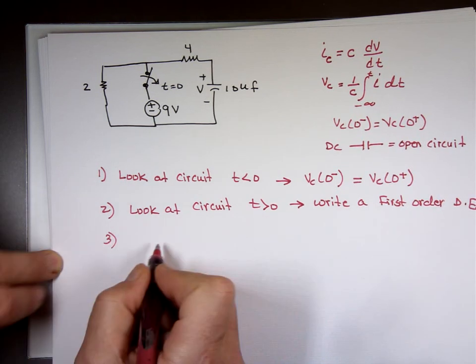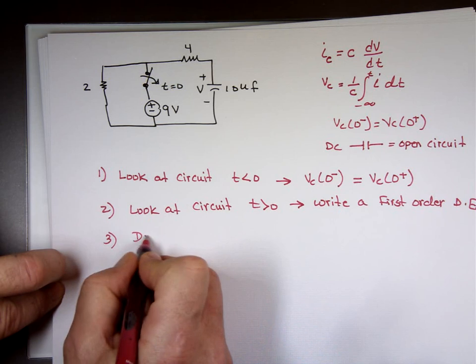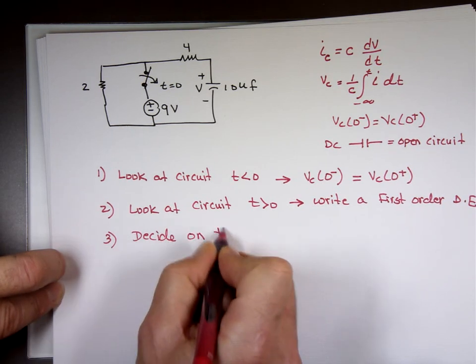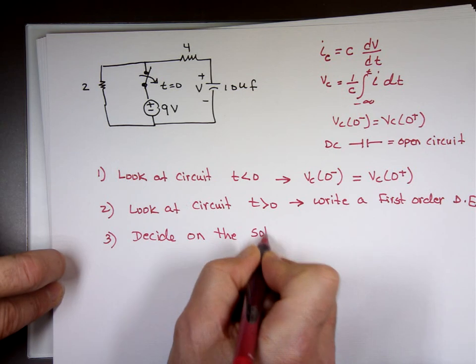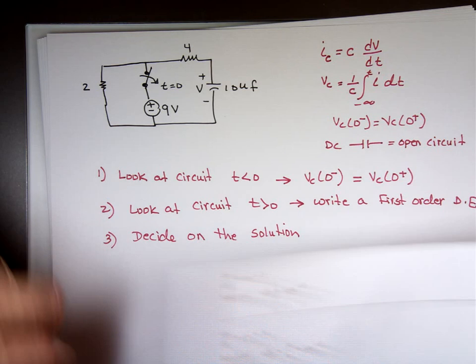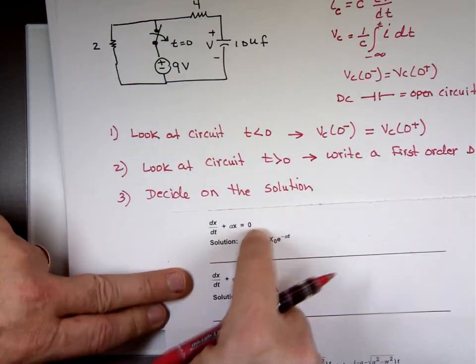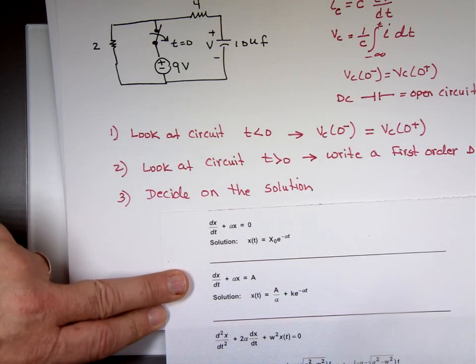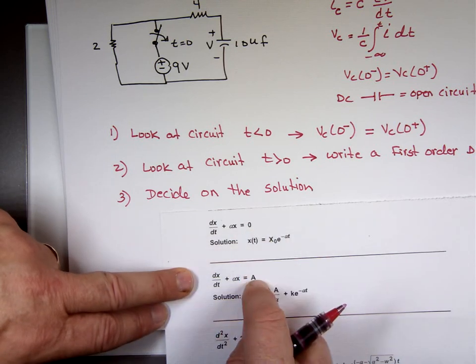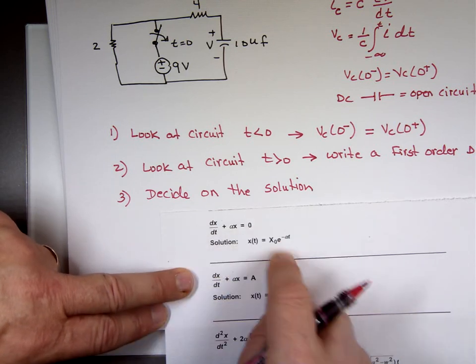Then decide on the solution from the handout. When I say decide, I mean am I going to use this one or this one? That will depend on whether you have a 0 here or a number here. If you have a 0 there, you're going to use that one. If you have a number, you're going to use this one.